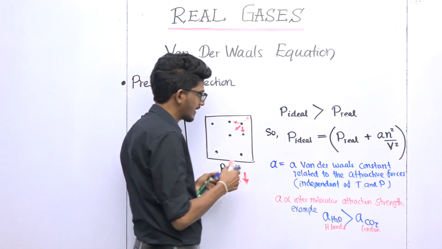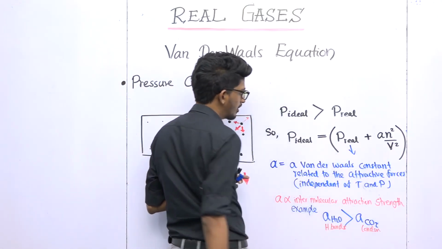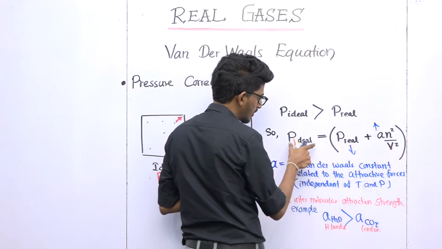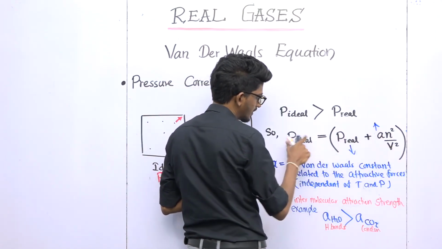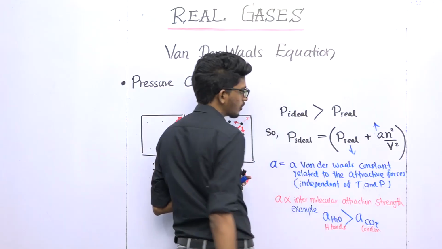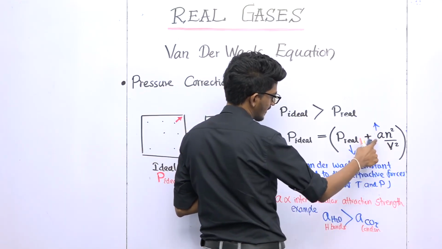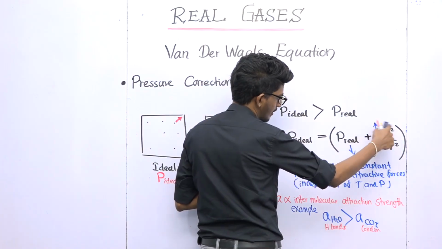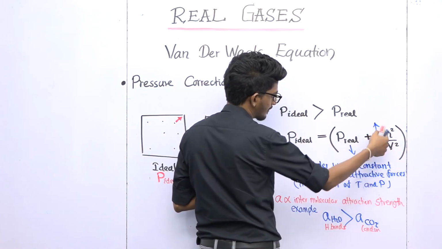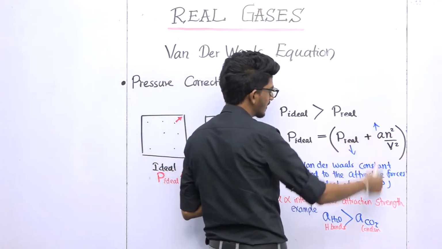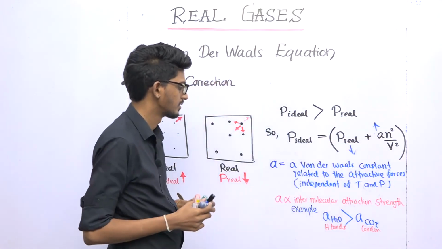When the attractive forces are greater, pressure will be low. Pressure will be low means you have to add some greater value to equalize the value to this value. So the greater value can be provided by this A term. That is how this value will be increased by increasing the A. So when the attractive forces are greater, the A value should be a larger value. That is what it says, right?